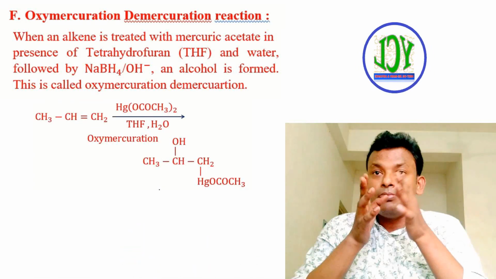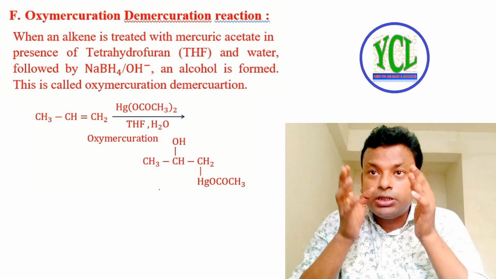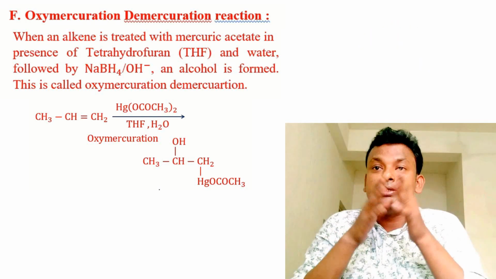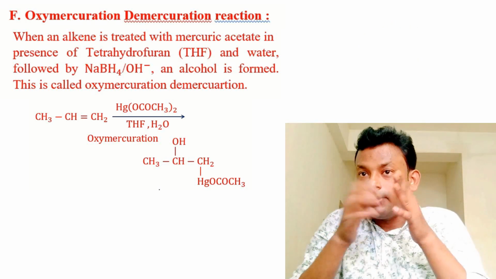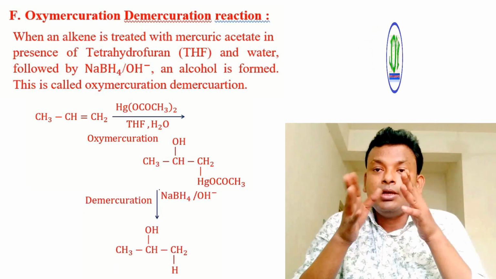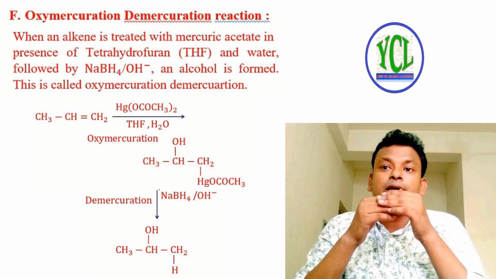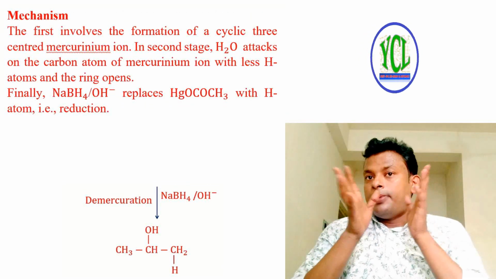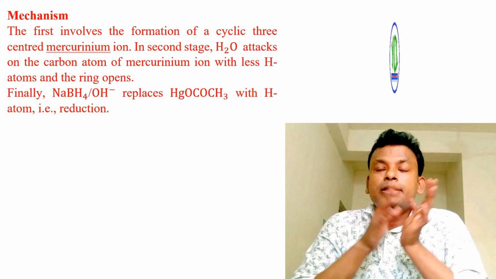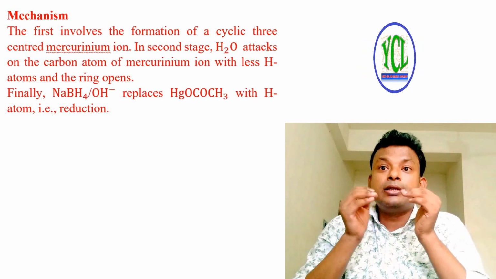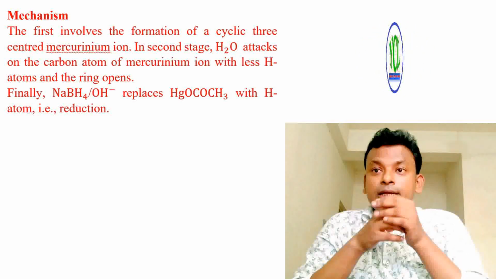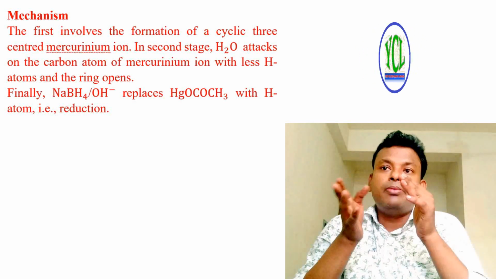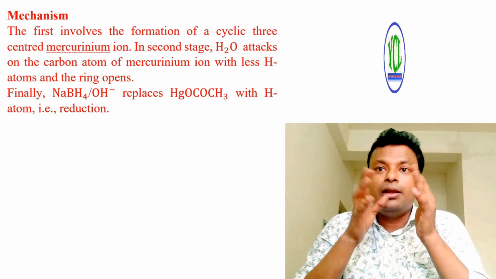This is the reaction. Propene reacts first with mercuric acetate, that is Hg(OCOCH3)2, in the presence of THF and H2O, that is the oxymercuration step, and the next step is demercuration, sodium borohydride in the presence of OH negative, forming the alcohol. The mechanism first involves the formation of a cyclic 3-centered mercurium ion, and in the second stage H2O attacks the carbon atom of the mercurium ion with fewer hydrogen atoms and the ring opens.